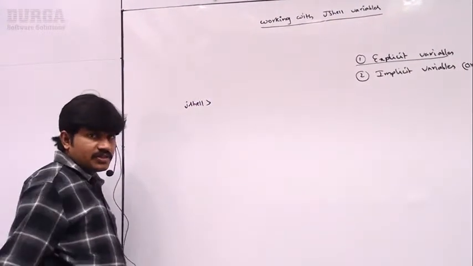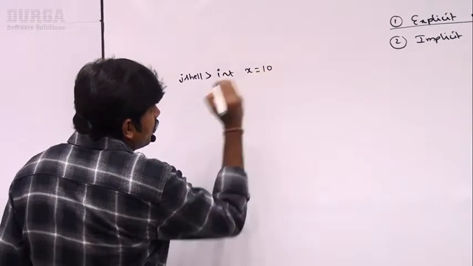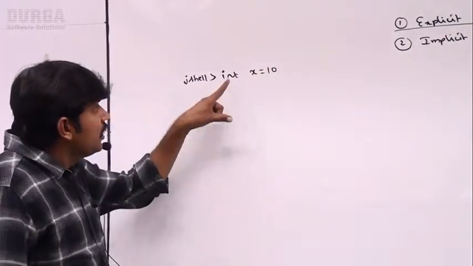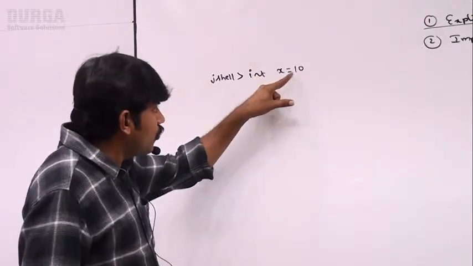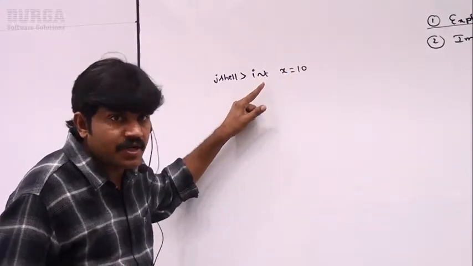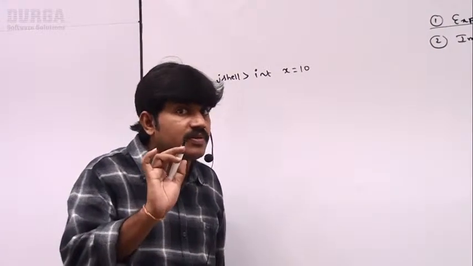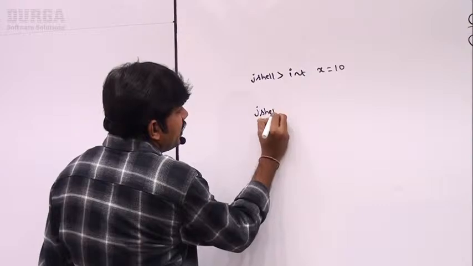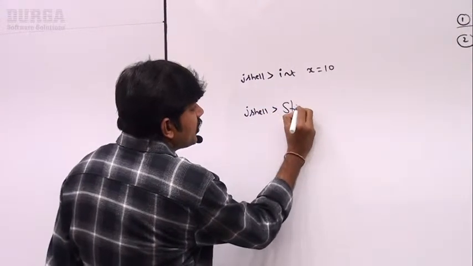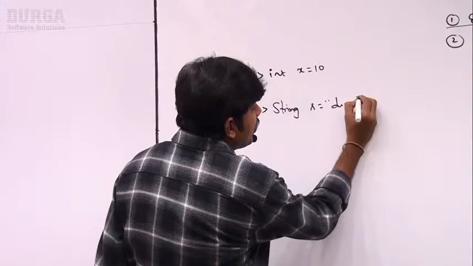Assume that in JShell I am declaring int x = 10. Yes, I am creating my own variable based on my requirement. This type of variable is by default considered an explicit variable. Similarly, in JShell I can use String s = "Durga", like this I am taking.